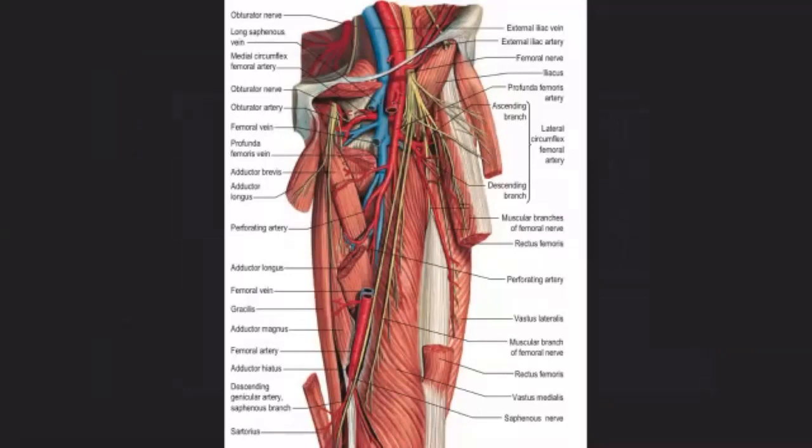So, if you remove the femoral artery, this one is the profunda femoris artery, right? These are its branches, right? And it goes down between all the muscles, right? We'll see those branches and how it courses in the thigh, right?